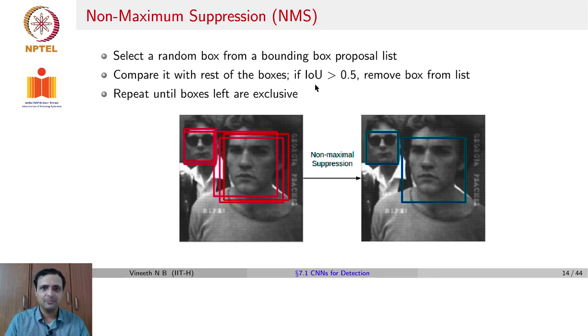So you are ensuring that if there are multiple boxes that have a 50% overlap with each other, you retain only one of them. We will see a little later that we won't just follow this, we will also try to find which of these boxes has the highest confidence on the object being in the box. We will see that in a few slides from now. So this process is known as non-maximal suppression, NMS, which is extensively used in detection today, as we will see.